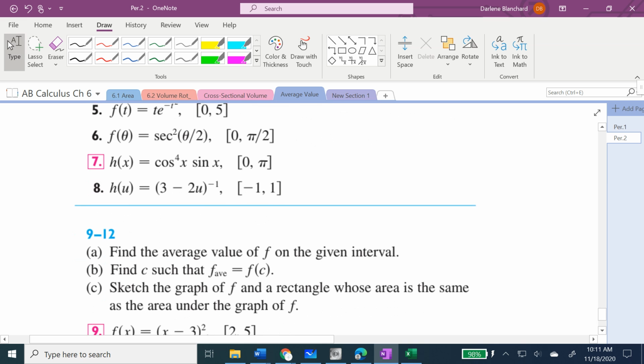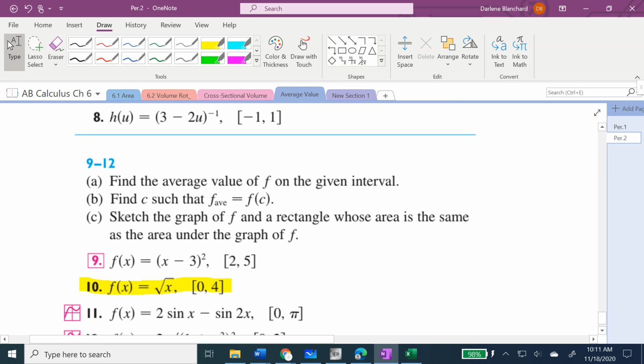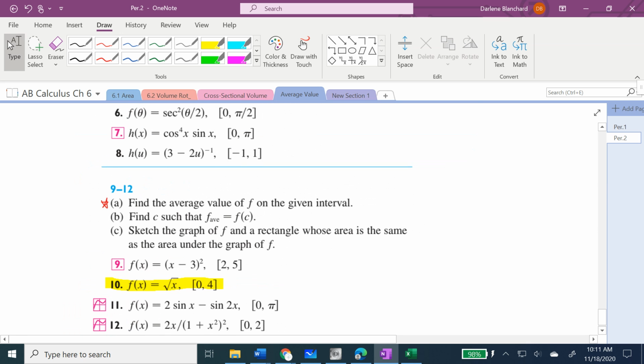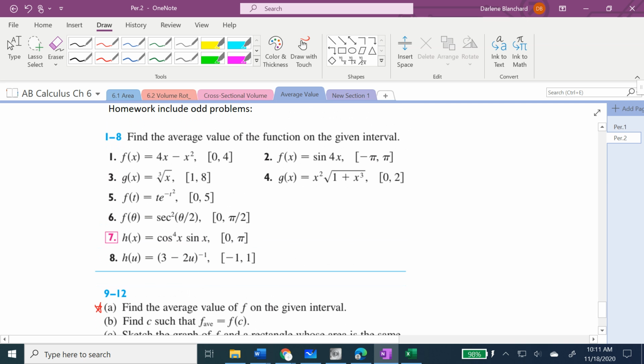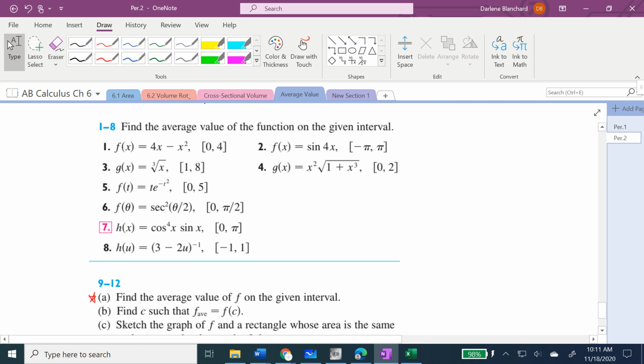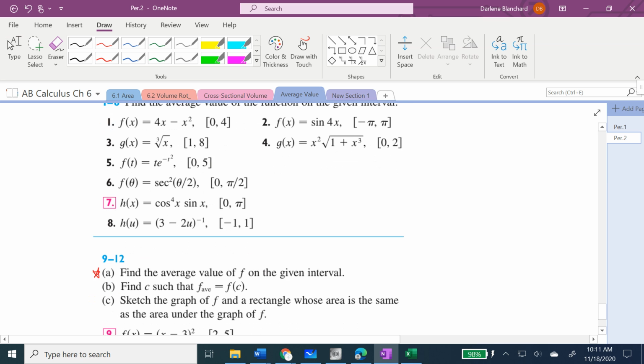So down here in the directions 9 through 12, this first part A is asking you the same question as 1 through 8 are asking you in total. So part A is just find the average value of the function over the interval.